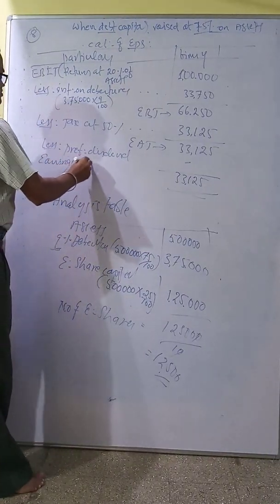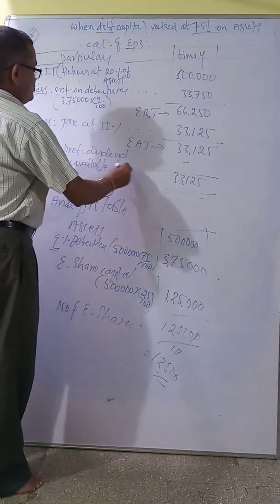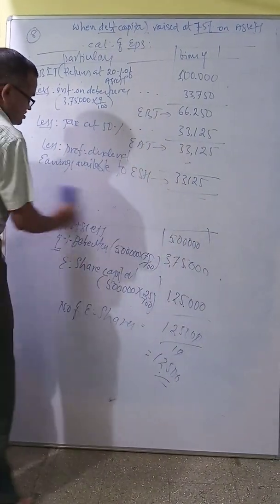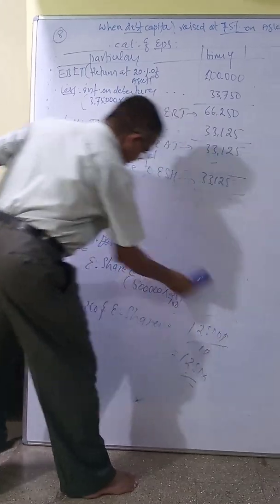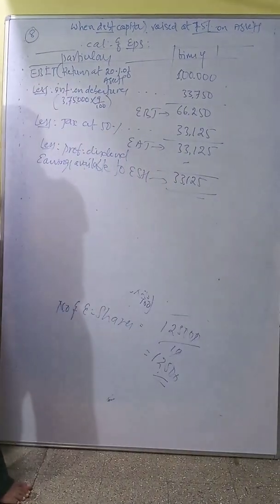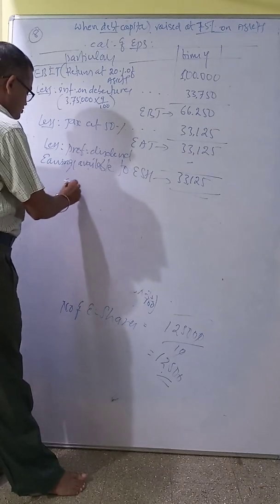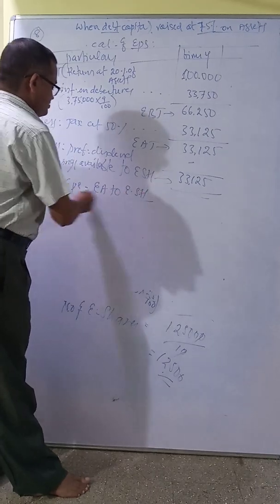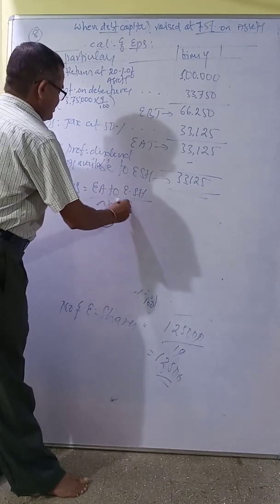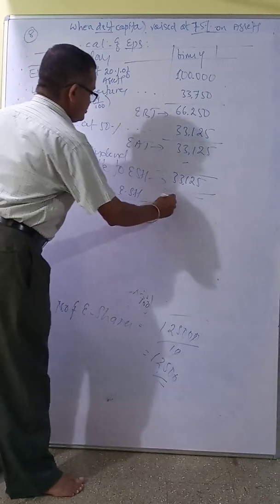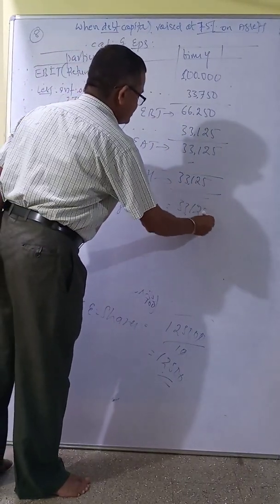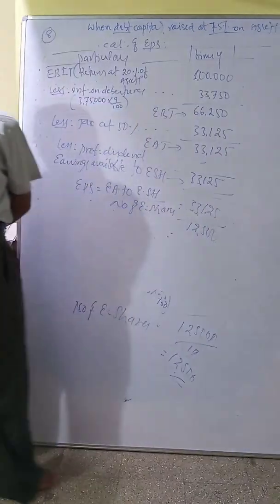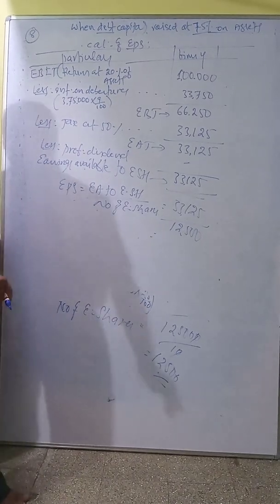This 33,125 is called earnings available to equity shareholders. Now EPS equals earnings available to equity shareholders divided by number of equity shares: 33,125 divided by 12,500 shares, so you will get 2.65.